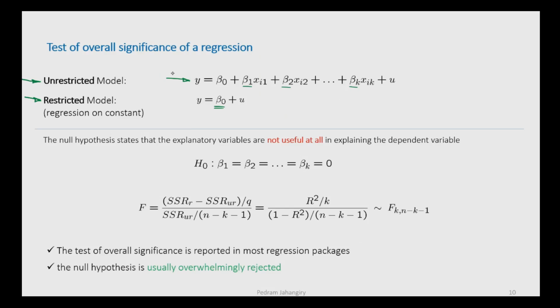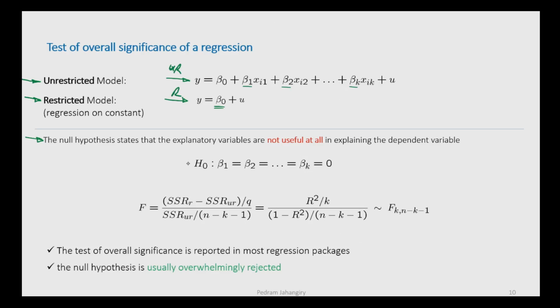So unrestricted model, restricted model, and it's very straightforward what we are testing here. We are testing if all the coefficients collectively are equal to 0, against what? If one of them is not equal to 0. And what is the interpretation? The null hypothesis states that the explanatory variables are not useful at all.